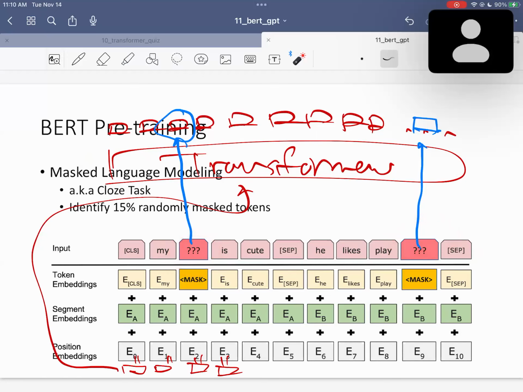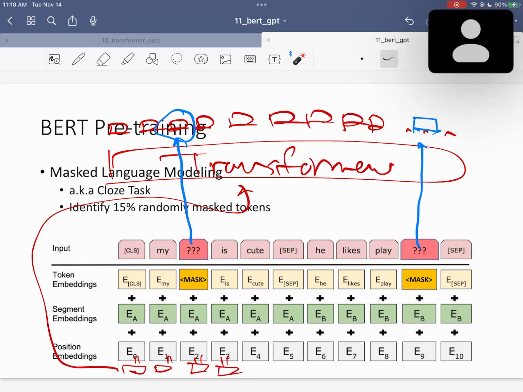There's actually more details to this. Sometimes you choose 15%, and then sometimes you randomly put another word, not dog, but some other word from your vocabulary. And sometimes you just leave them as a mask. But this is just a technical detail. You don't need to know about that.